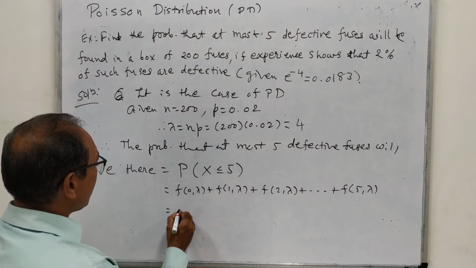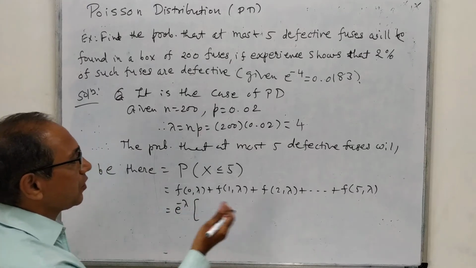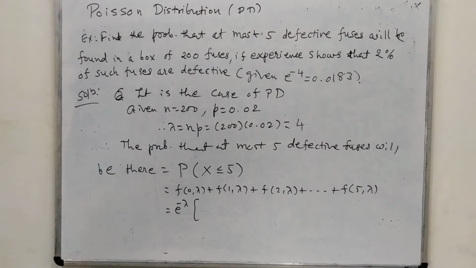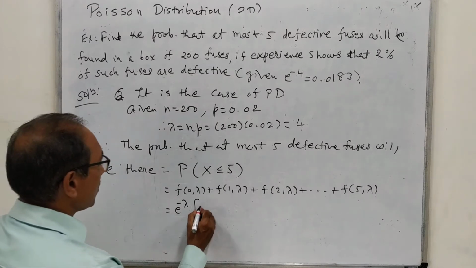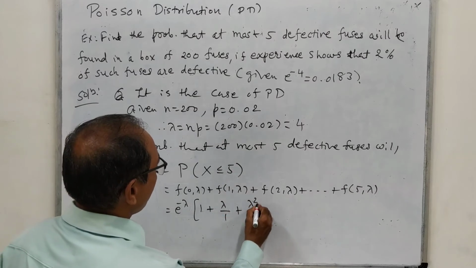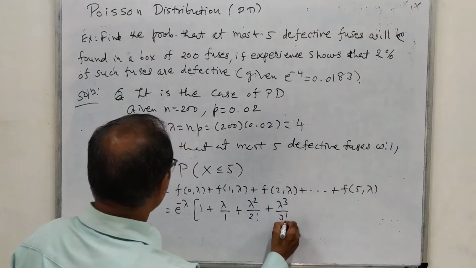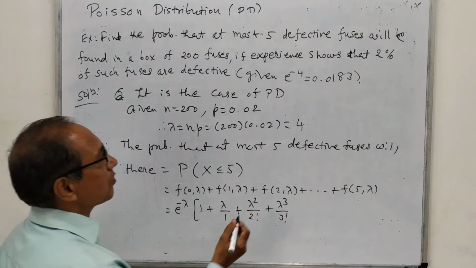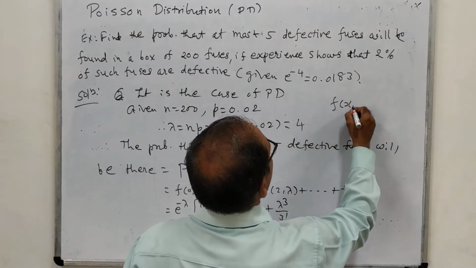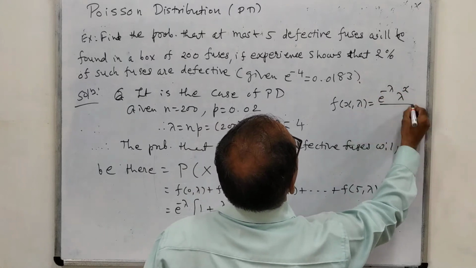So f of 0 lambda is nothing but e raised to minus lambda. As we know from the previous examples, in the last example whatever we have seen, this is nothing but 1, this is lambda upon 1, this is lambda square upon 2 factorial, this is lambda cube upon 3 factorial, because e raised to minus lambda will be common from all the probabilities, since this is e raised to minus lambda, lambda raised to x upon x factorial.